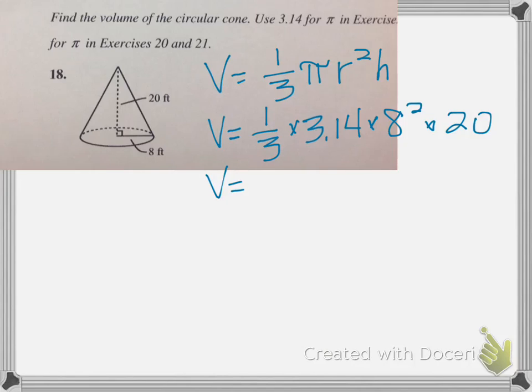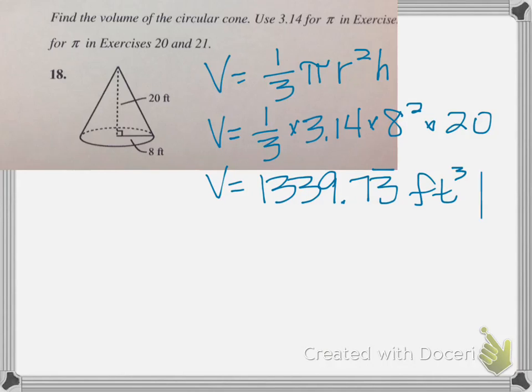I'm just going to go ahead and put in the whole thing. And I get 1,339.73, and that's repeating. And this would be feet cubed. And that would be my final answer for the cone.